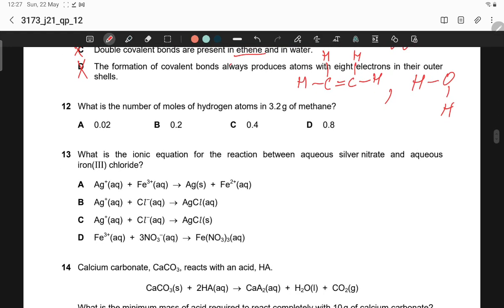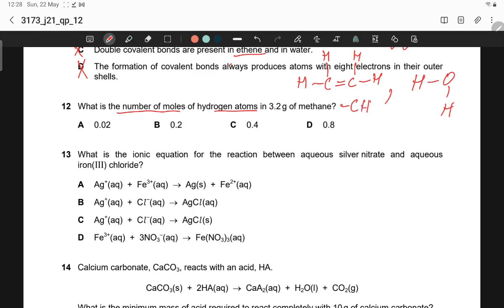What is the number of moles of hydrogen atoms in 3.2 grams of methane?